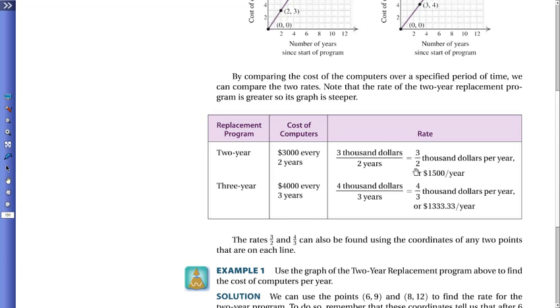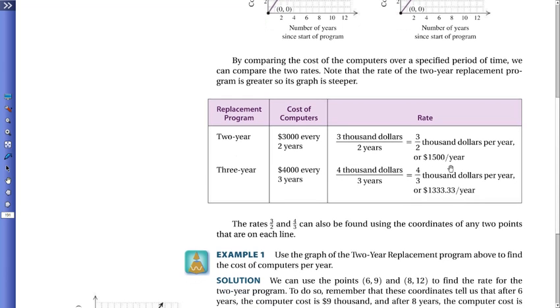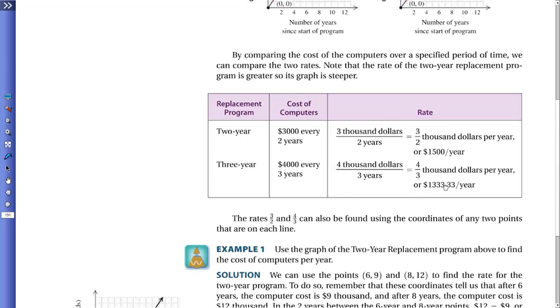Now I can make a comparison. I'm still trying to make a decision here. In this case, I end up spending 4/3 of $1,000 every year. And here I spend, on average, 3/2 per year. Okay, so it looks like on a per year basis, this is probably going to save some money.